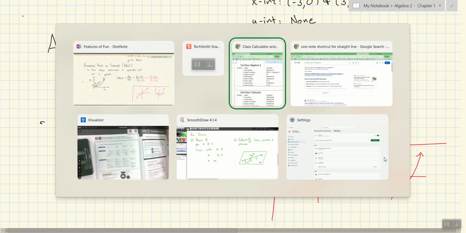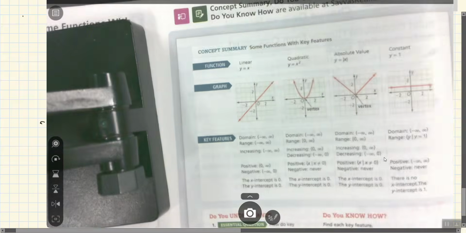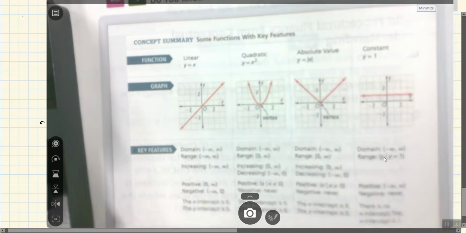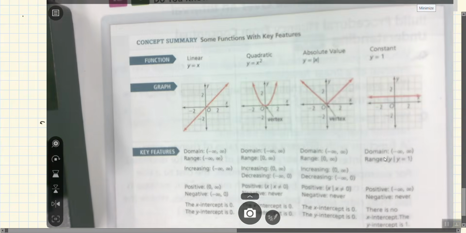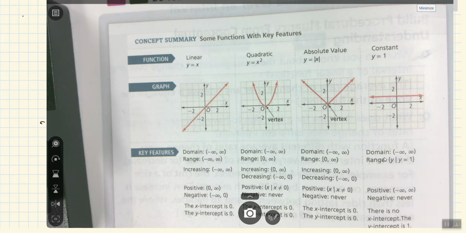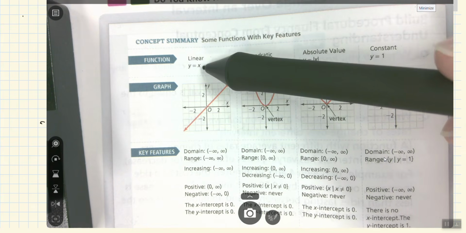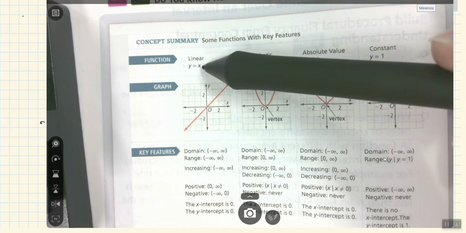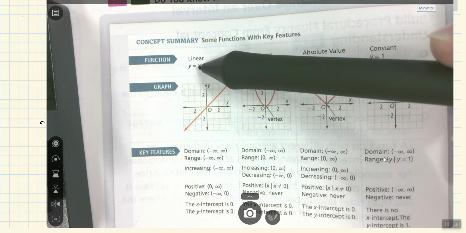I'm not going to draw all these because I can just look at the book here, but here are 4 functions that you have seen pretty regularly. And we've been working with a few of these last couple days. Linear functions exist. All they have up on this very top is the most basic form of that function. So y equals x has the same sort of shape. It's a straight line, as is y equals 3x plus 4 or any variation.